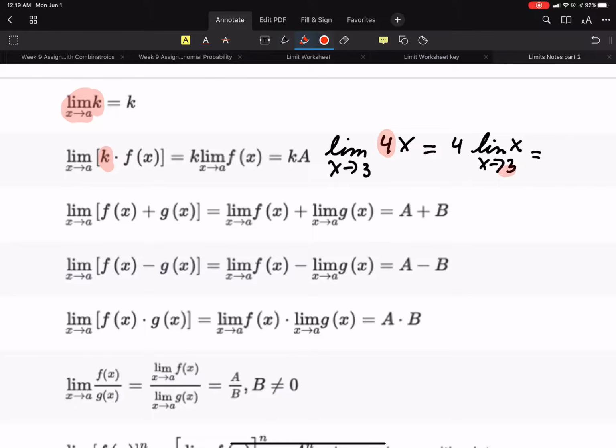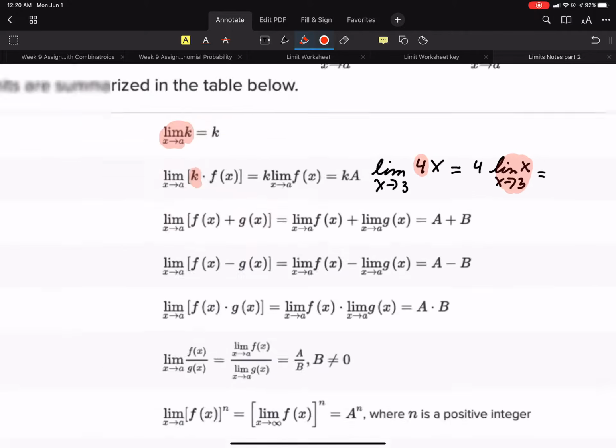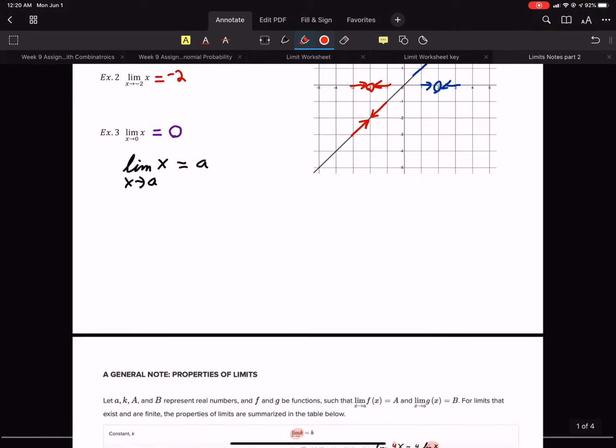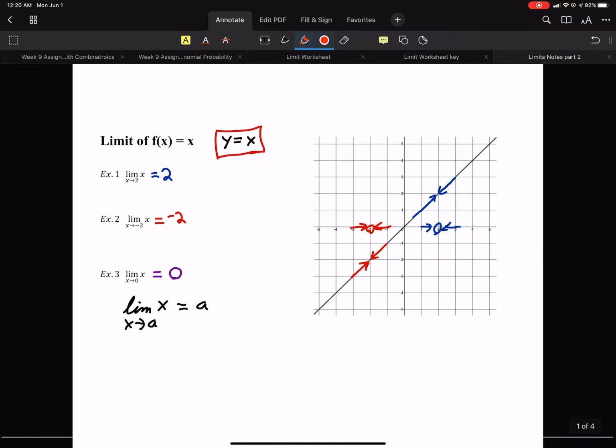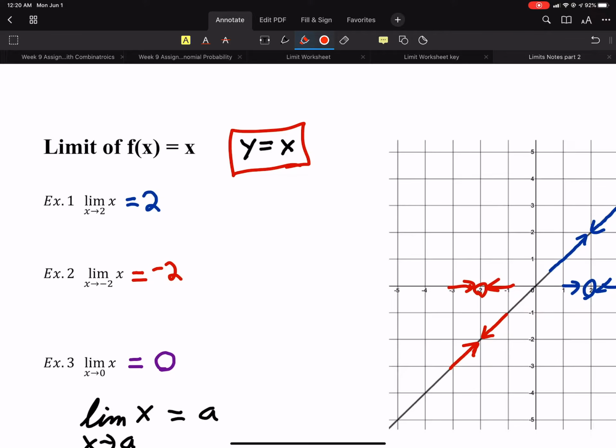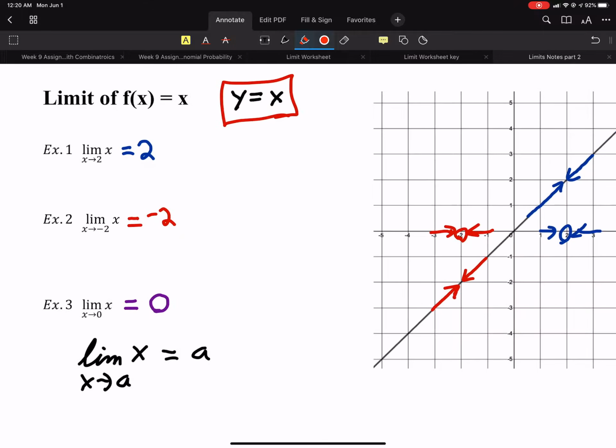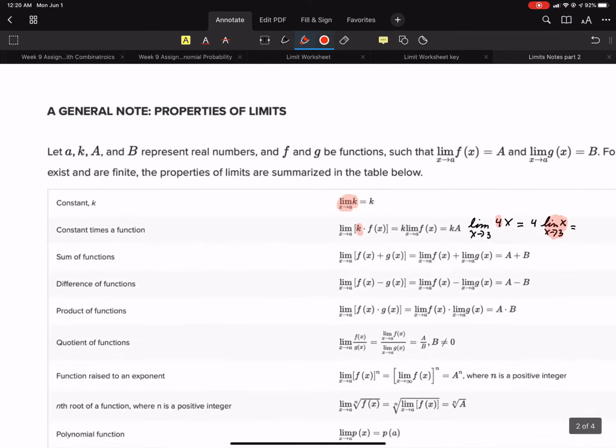Well, this limit, you should know, we did that up above. That's the limit of y equals x. And that limit is whatever x is approaching. So if x approaches 2, the limit's 2. X approaches -2, the limit's -2. X approaches 0, the limit's 0.